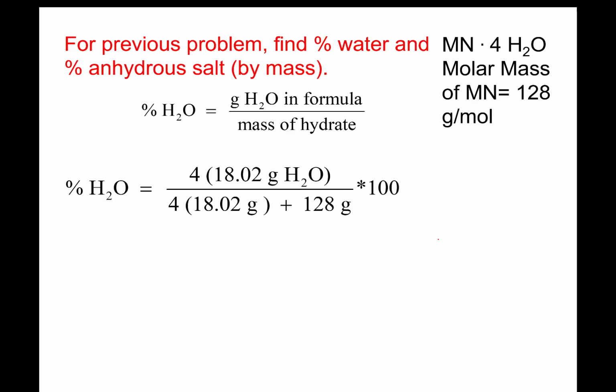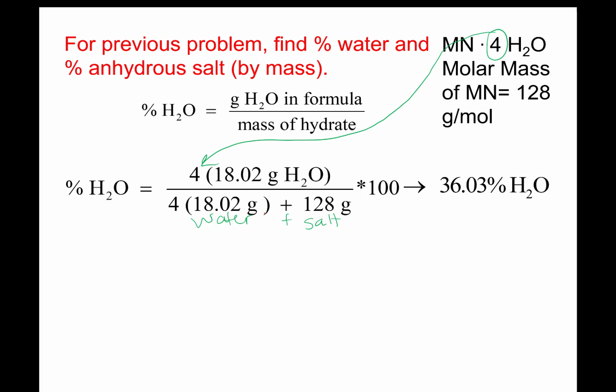So 4, because we know that there's 4 waters in the formula, divided by the total molar mass of the hydrate, so that's the water plus salt. So the water is 4 times 18, the salt was 128. So multiply that by 100 after you add and divide, and you get 36.03% water.